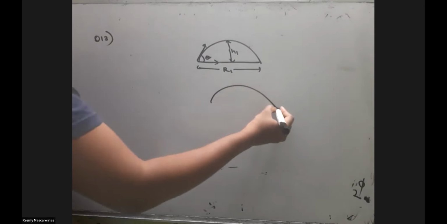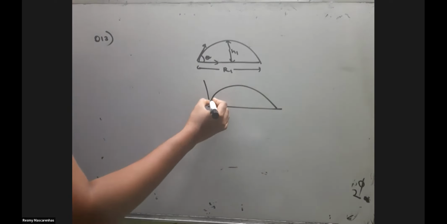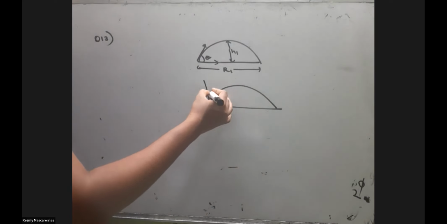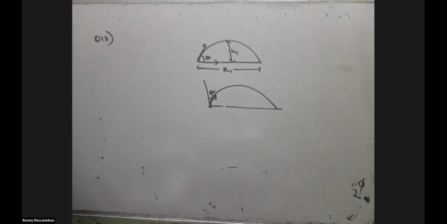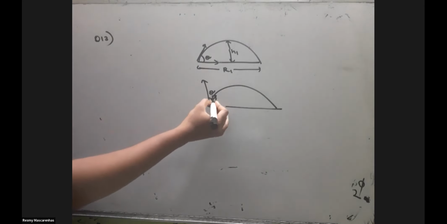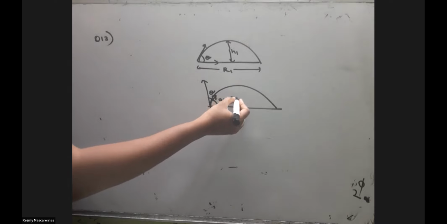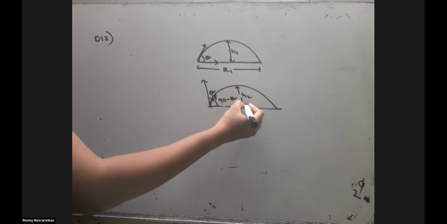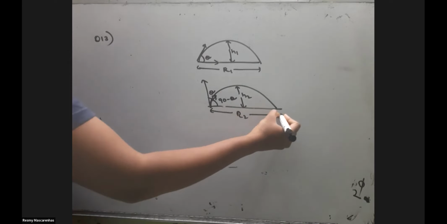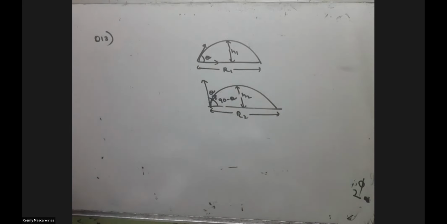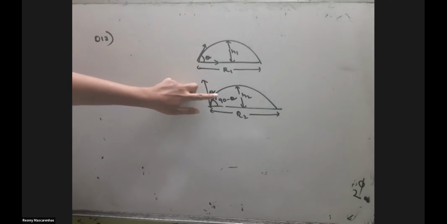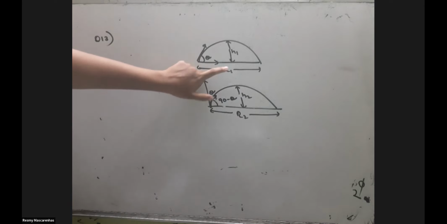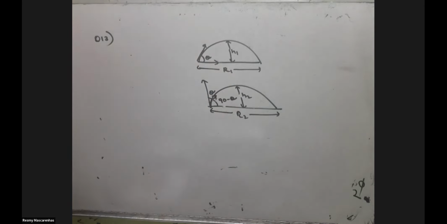Second case, with reference to the vertical. So what will this angle be? 90 minus theta. This is h2. Now if you see, they are complementary angles. Complementary angles means the range will be the same.